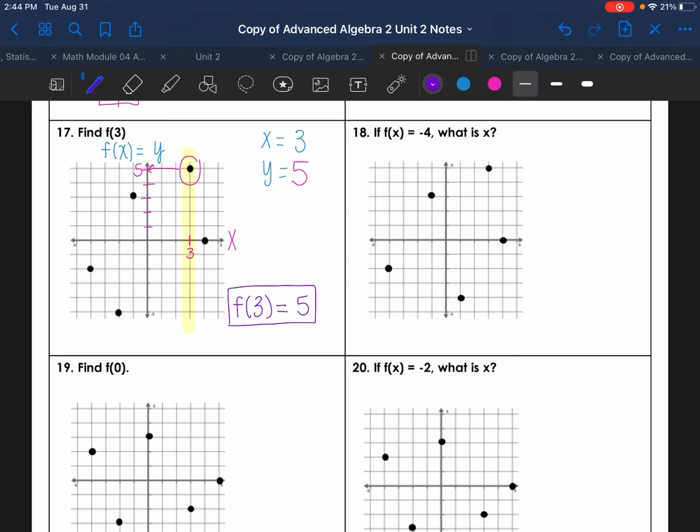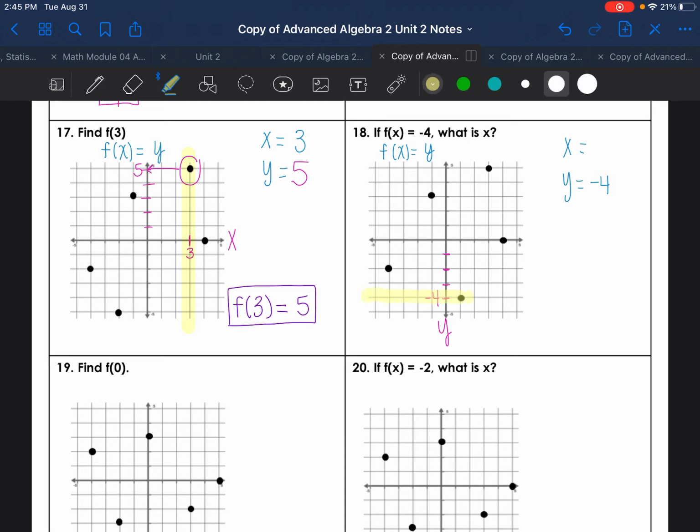Let's try number 18. F of x equals y. So this time the number negative 4, that's in my y spot. So I'm going to look at my graph. Here's my y-axis. If I count down 1, 2, 3, 4, so negative 4.